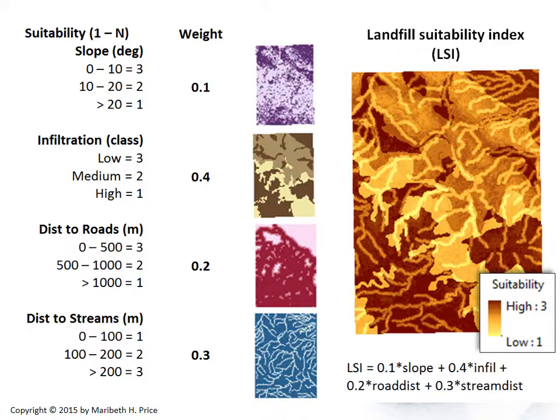Greater than 200 is a 3, with a weight of 0.3. So our LSI, land suitability index equation, is 0.1 times slope plus 0.4 times infiltration plus 0.2 times road distance plus 0.3 times stream distance, resulting in suitability scores ranging from 1 to 3. So there's an example of how we can do that.